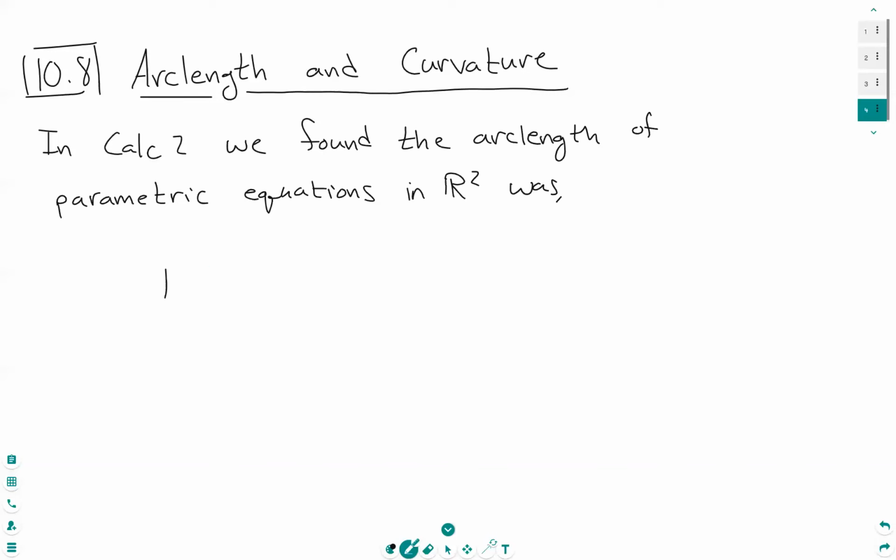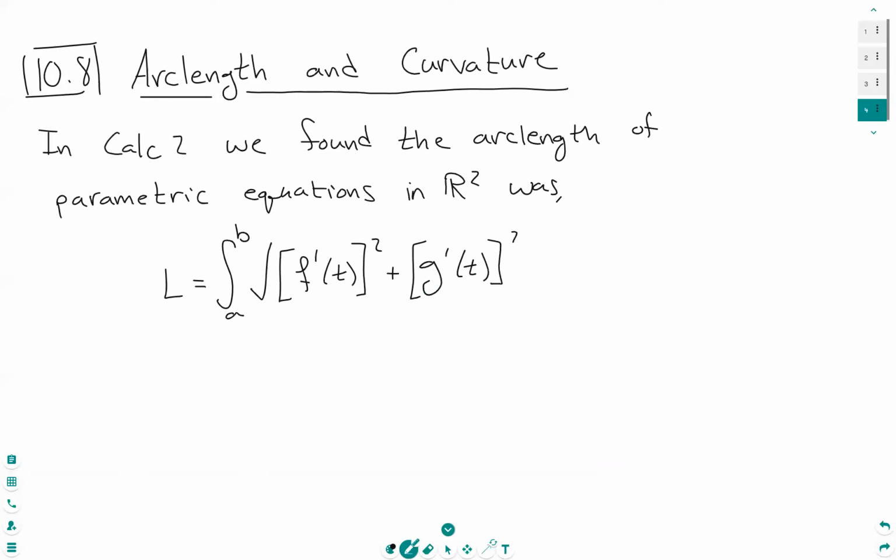We found that this arc length was, from some a to b, the integral of the square root of f prime of t squared plus g prime of t squared dt.